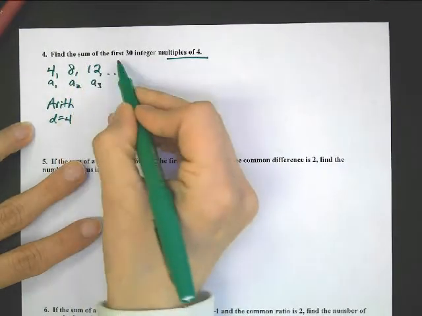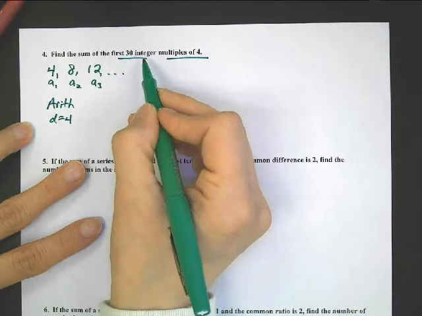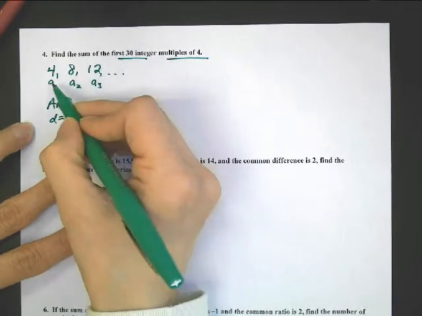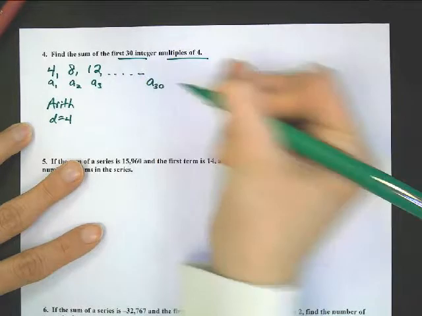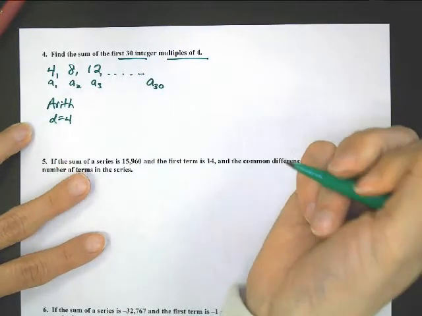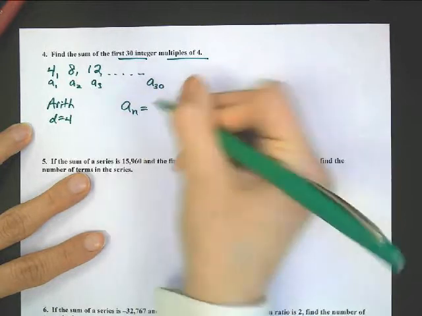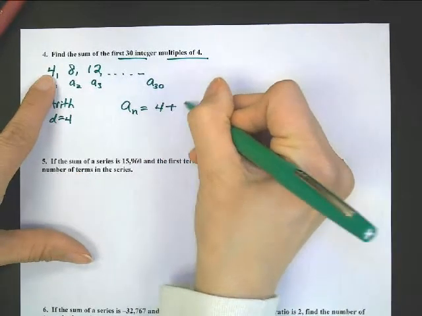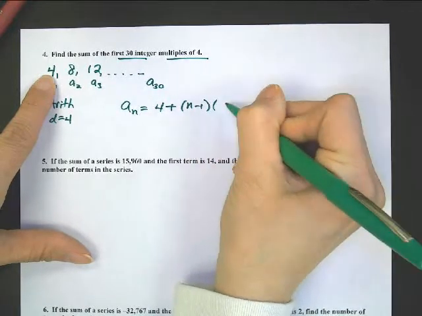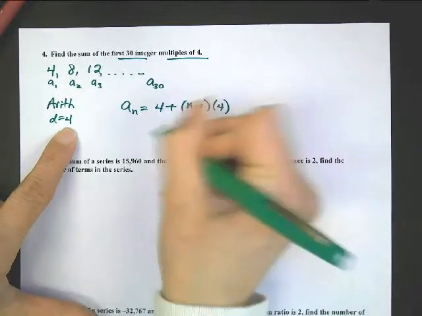Find the sum of the first 30 integer multiples. So this is the first one. I need to go all the way to a sub 30, the 30th one. First thing I'll do is make a term formula. A sub n is a1 plus n minus 1 times the d, and the d is 4.